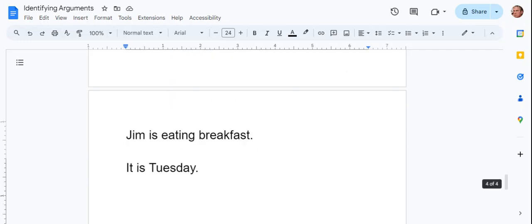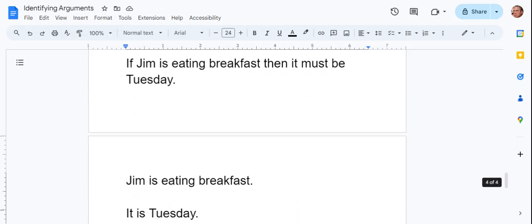So something appears here about what logic is. Logic is not about whether a particular statement is true. Logic is about the relationship between statements, independent of whether they're actually true. I mean, both of these statements could be false, about Jim eating breakfast and it must be Tuesday.